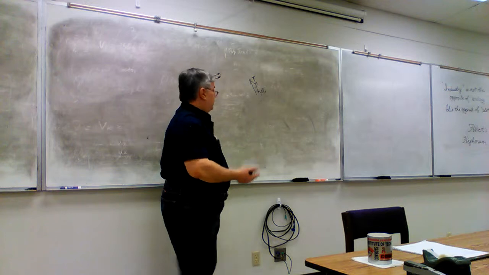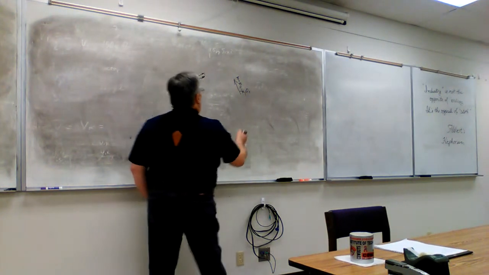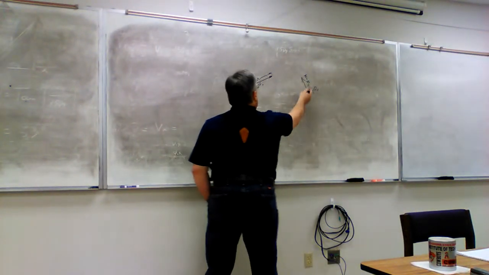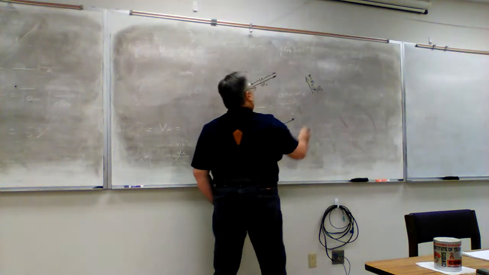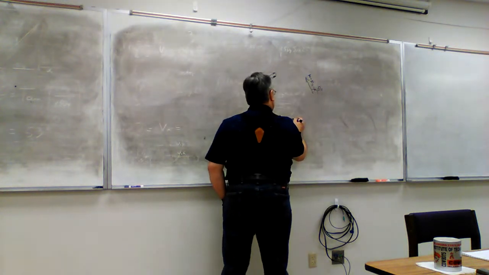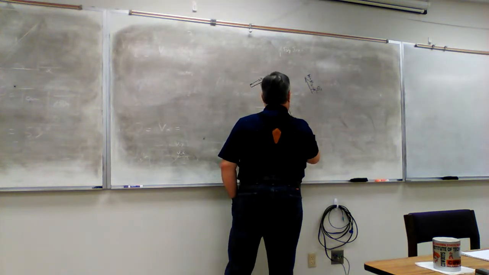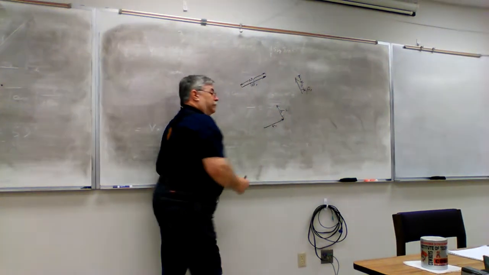When you're adding these two vectors together, the way to visualize it is by putting tip to tail. If you're going to add this one to this one, you start by drawing the first one, and then you draw the second one beginning at the tip of the first one. There's M1 and M2.